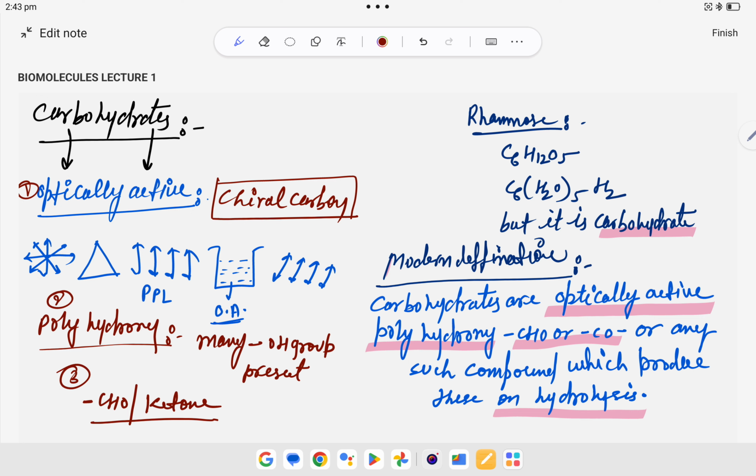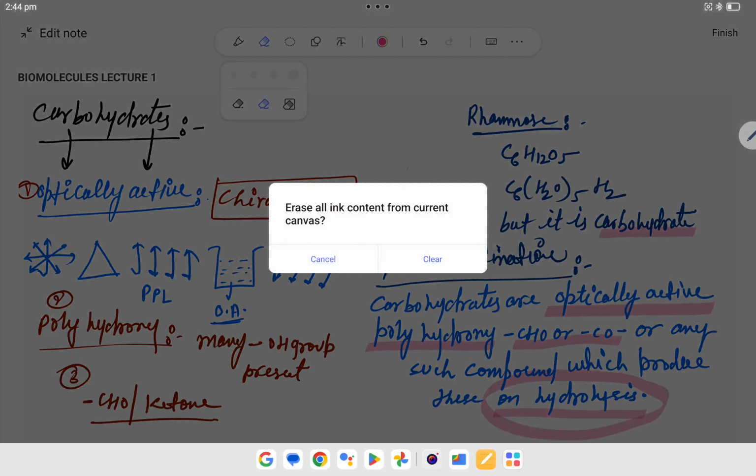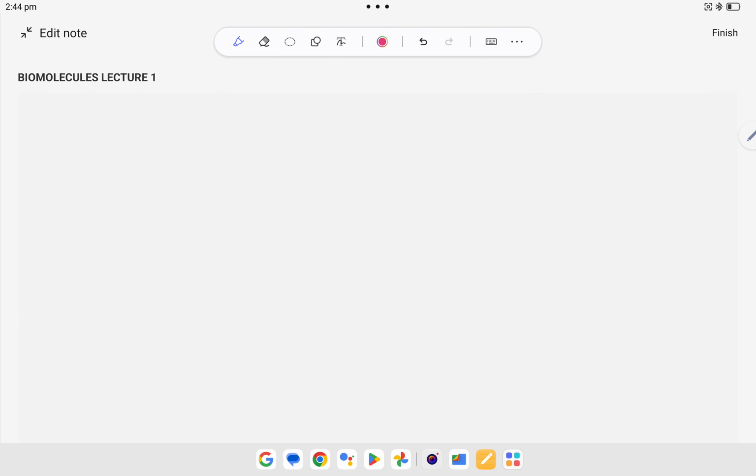And the last point is written, or any such compound which produces these on hydrolysis. If on hydrolysis it produces this substance, then that will also be a carbohydrate. So this is the definition and meaning of carbohydrate. I hope the definition is clear to you. Let's talk about the example.